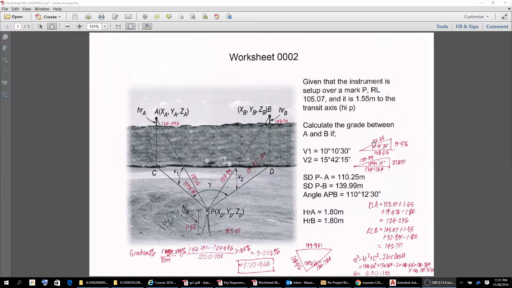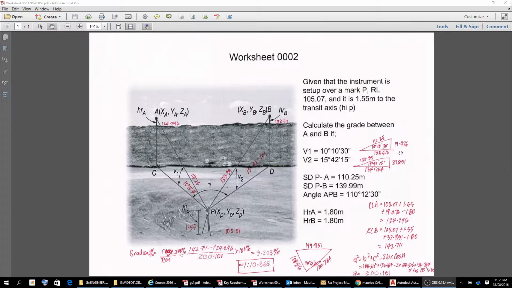And we need to reduce that slope distance of 110.25 down to the horizontal. So that's quite simply using SOHCAHTOA or what have you. We're actually going to need the difference in height as well, so we may as well do it at the same time.